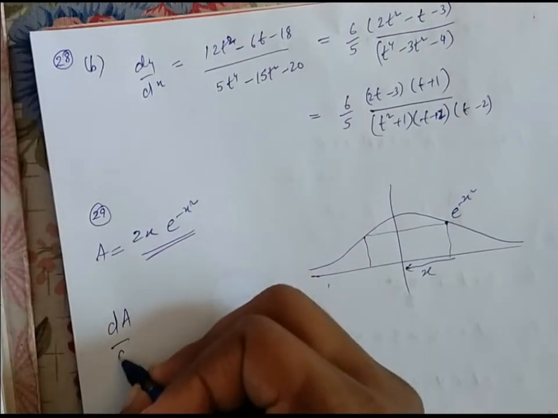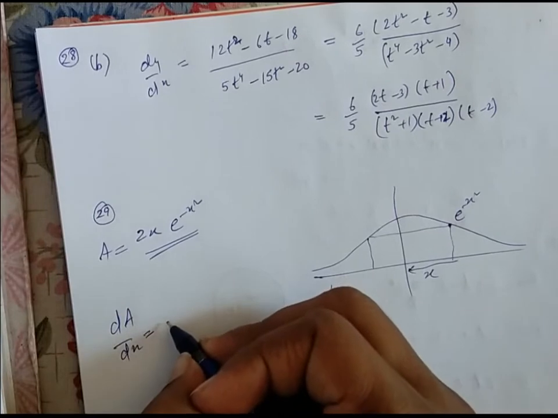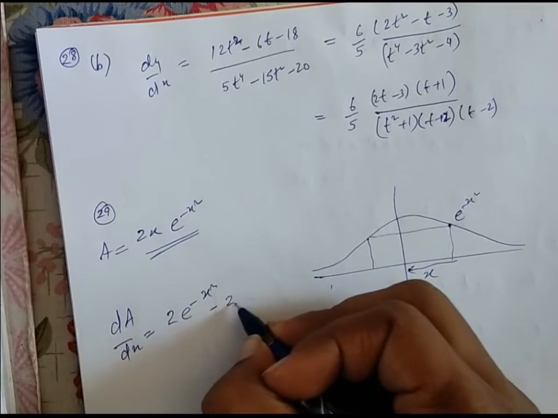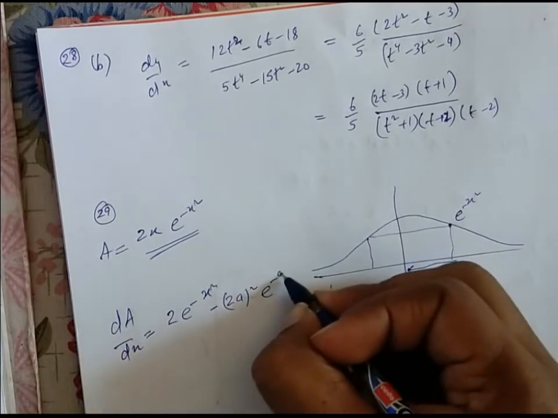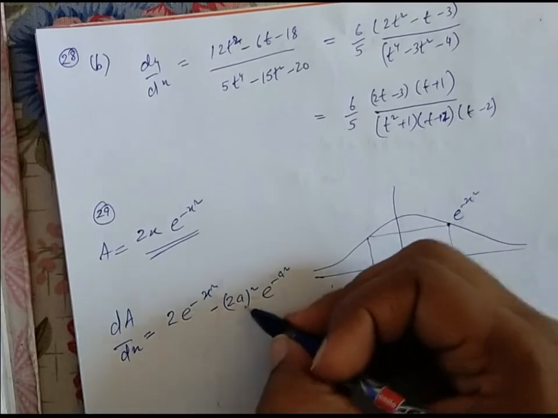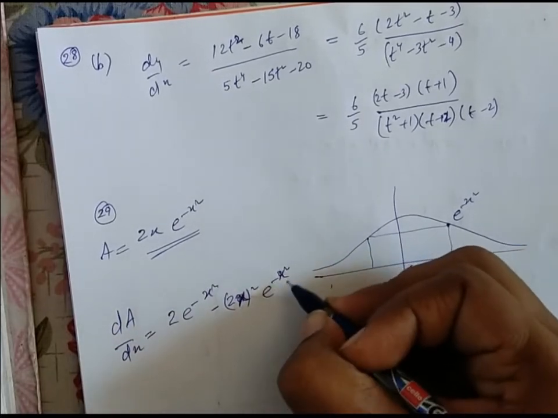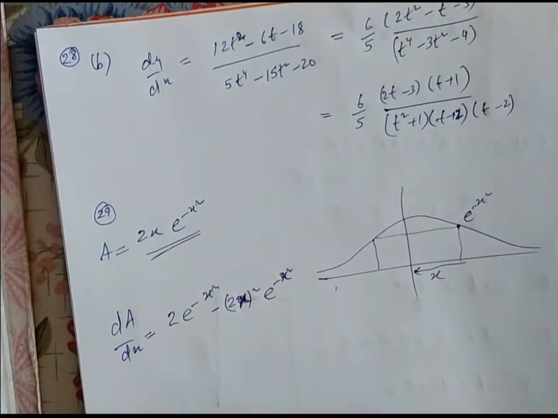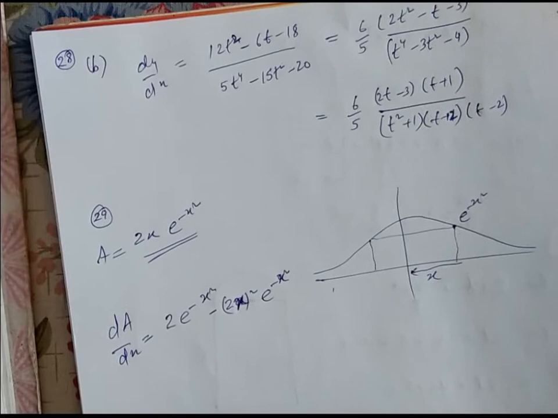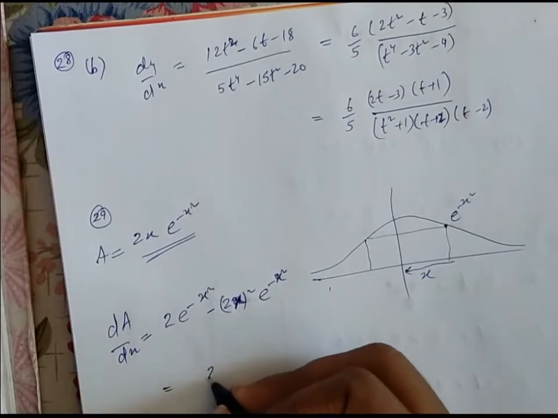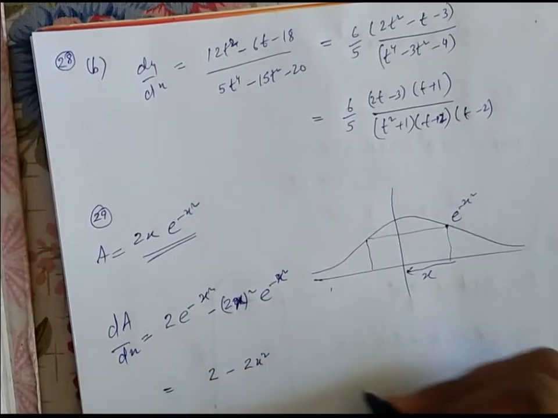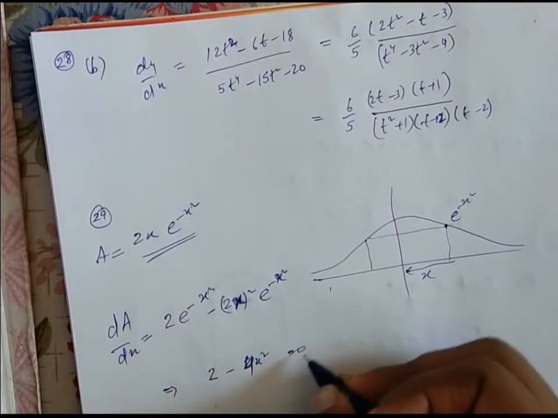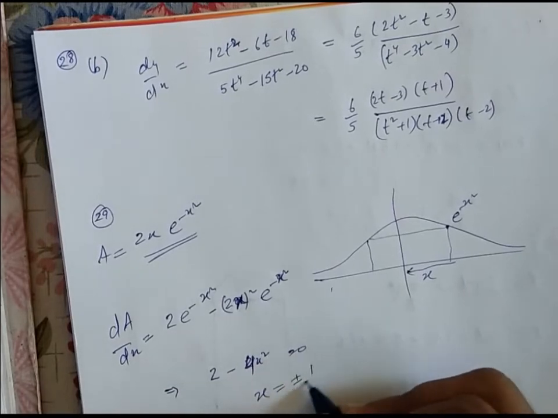So dA by dx is equal to 2 e power minus x square minus 4x square e power minus x square, and if this is equal to 0, then 2 minus 4x square has to be equal to 0, or x is equal to plus minus 1 by root 2.